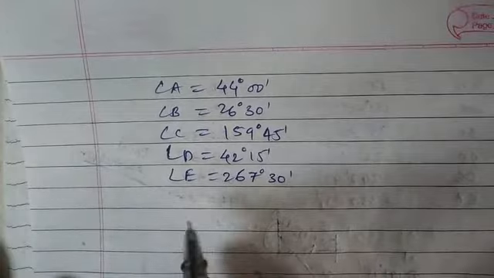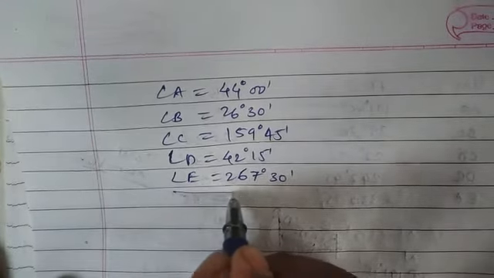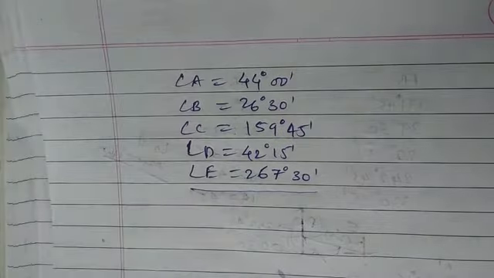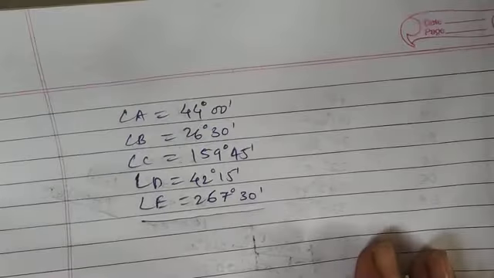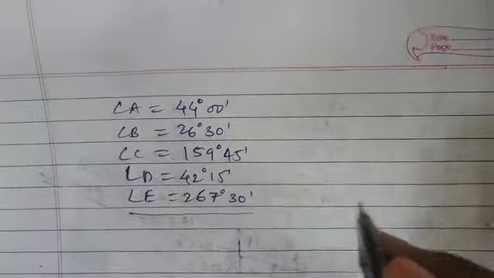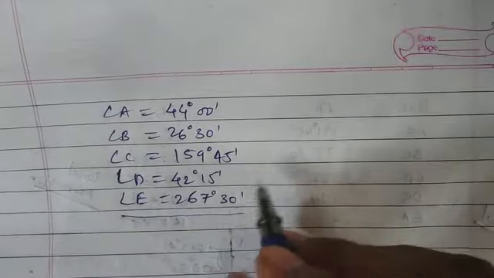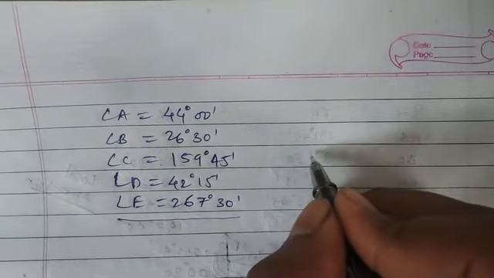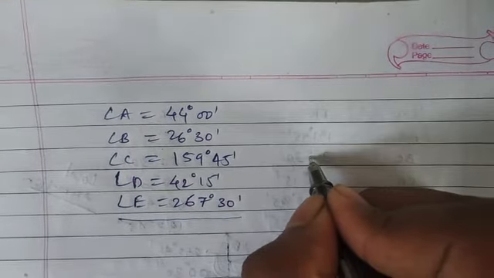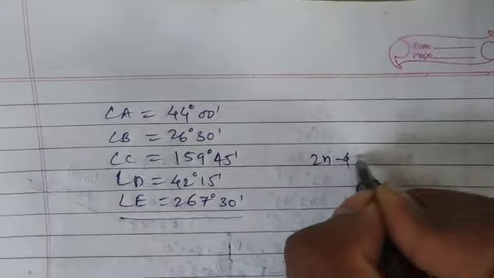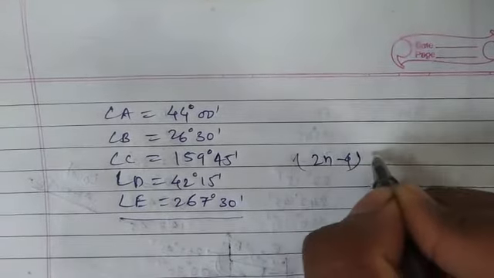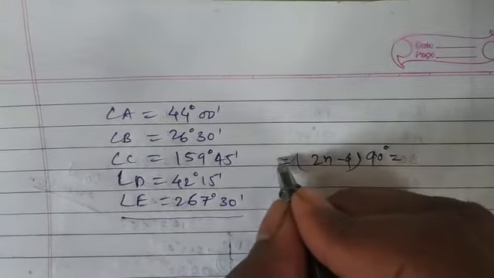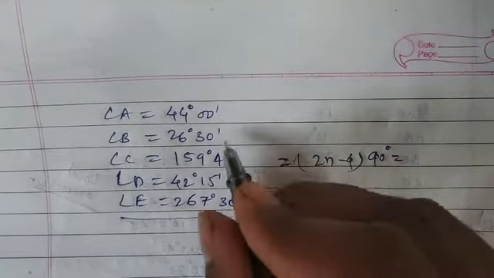Now we have to add these angles and check whether they give the summation as per the rules of a closed traverse. What should be the summation of these angles as per the rules? To check that, we have one formula: 2n minus 4 into 90 degree. This must be the summation of these angles.